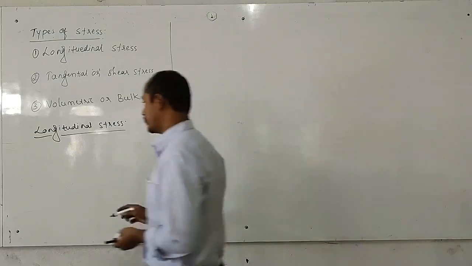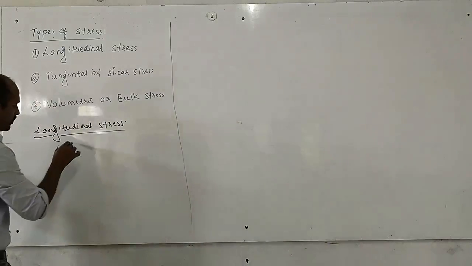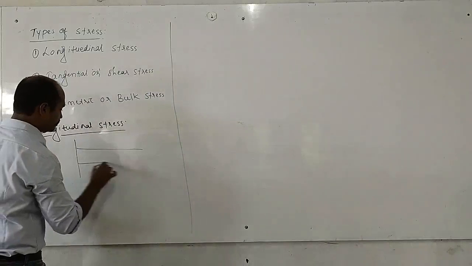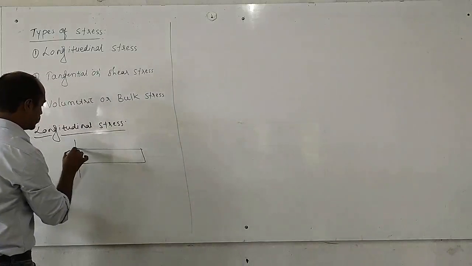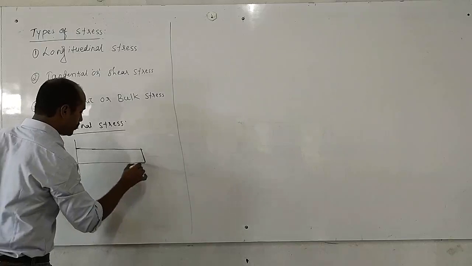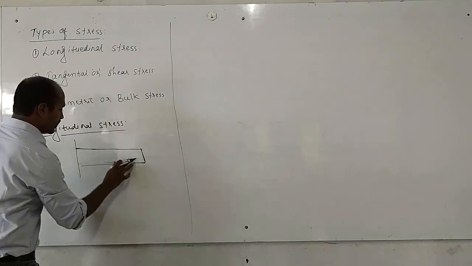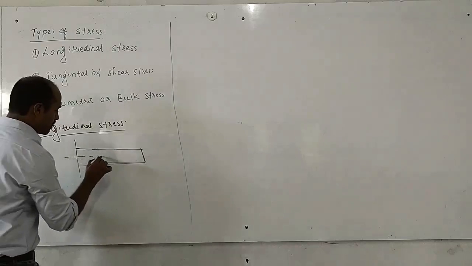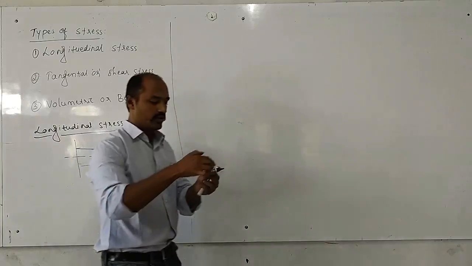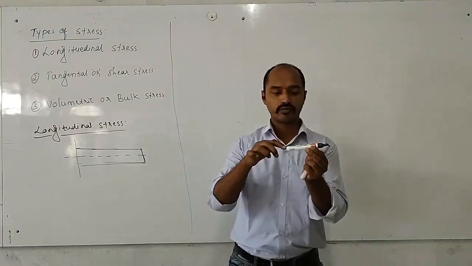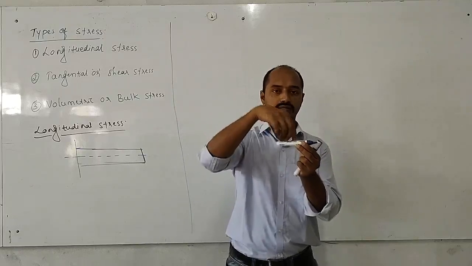What do you mean by longitudinal force? If I take an object, a body, a circular body I am taking, see, it has a longitudinal axis, right? So if I take the longitudinal axis like this, and the transverse axis is like this, right?